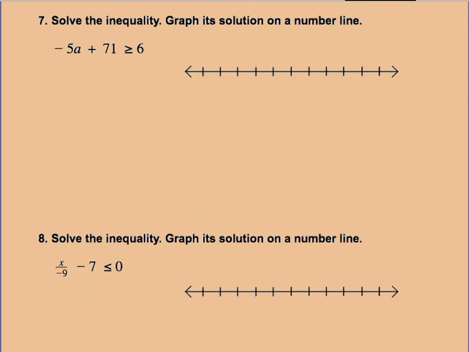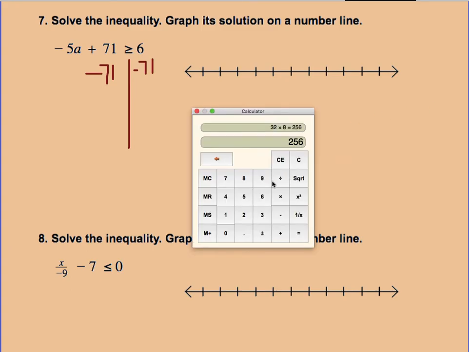All right, number 7, plotting this one. So we line down the inequality sign and do our inverse operations. Minus 71, minus 71. Remember, if you need to, show your work always, but if you need to, go ahead and use a calculator. 6 minus 71, negative 65. And we get negative 5a is left here.